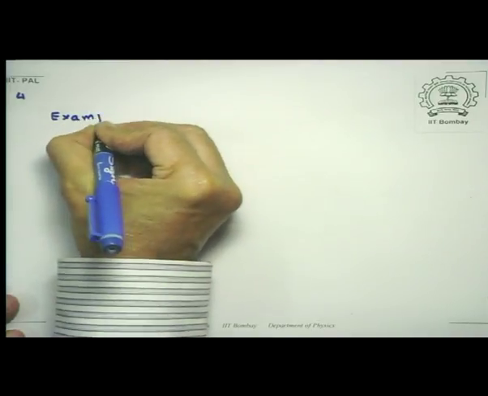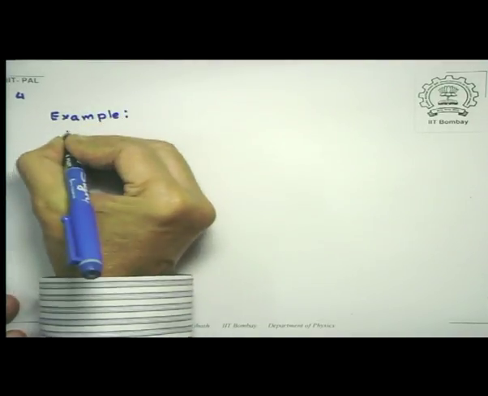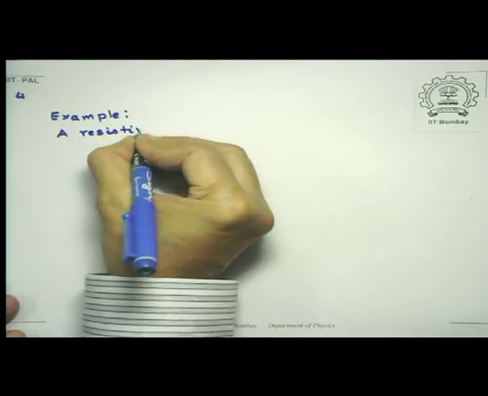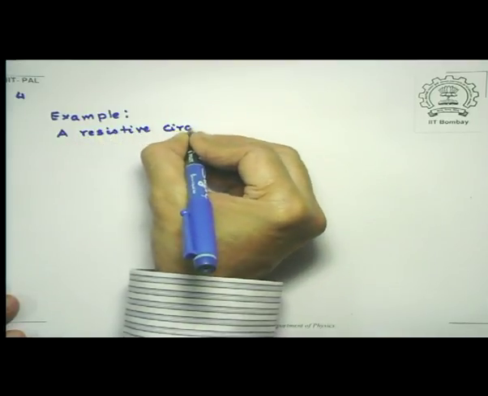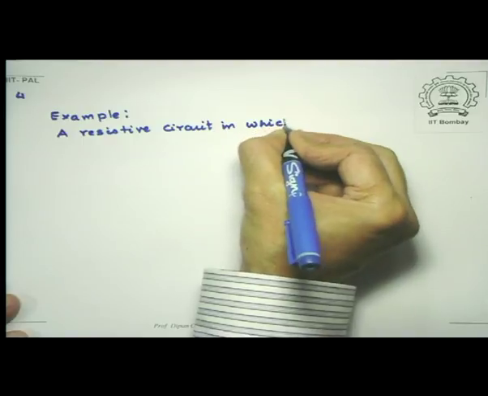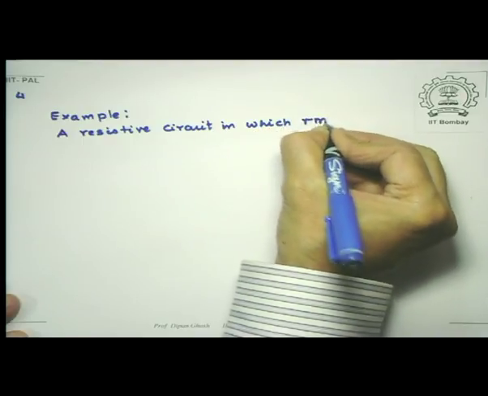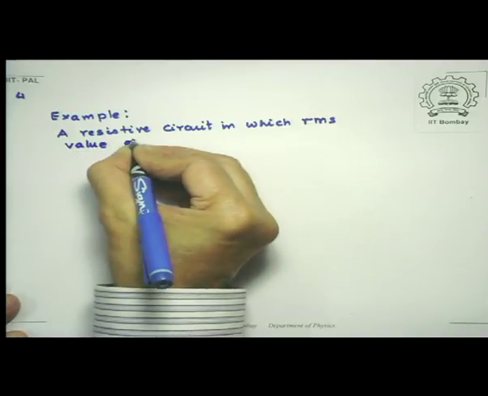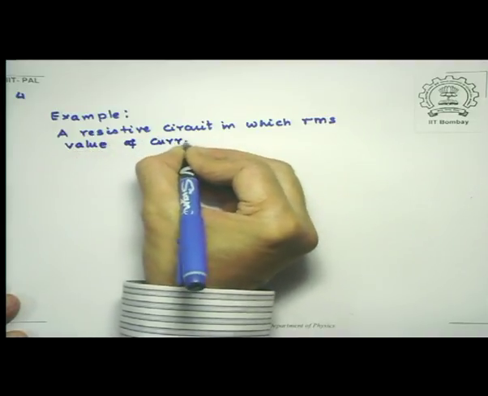Let me consider a resistive circuit in which the RMS value of current is 5 ampere.